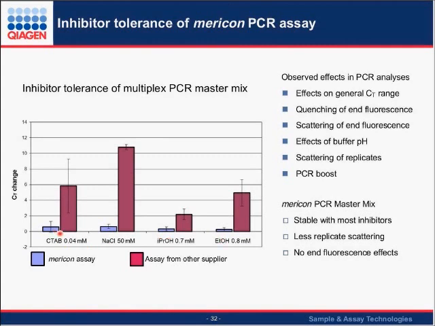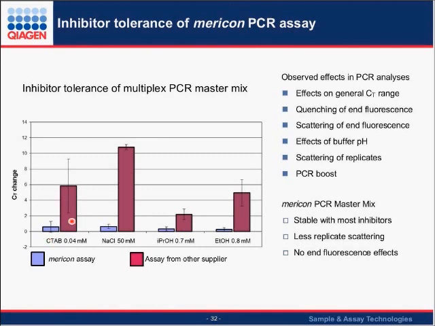The blue are the Maricon assays, and the red or purple are from an assay from another supplier. Now, if you have a tolerance for an inhibitor, what you should see is, if you have an assay with the inhibitor and one without the inhibitor, very, very negligible amounts of change in the CT. So you want to see basically no effect on the CT. And for all of these, there is certainly less than a CT cycle difference between the assays with the inhibitor and without the inhibitor.